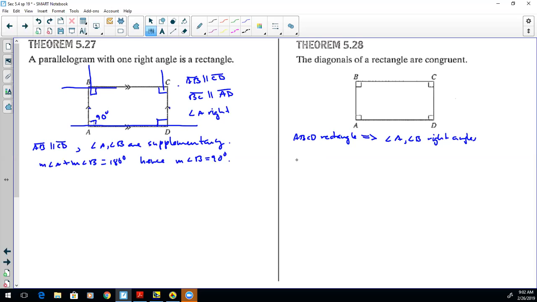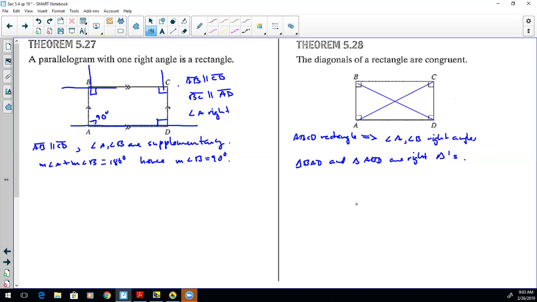What this says is that I'm going to form some diagonals here. So angle A and angle B are right angles, so triangle BAD and triangle ABC are right triangles.